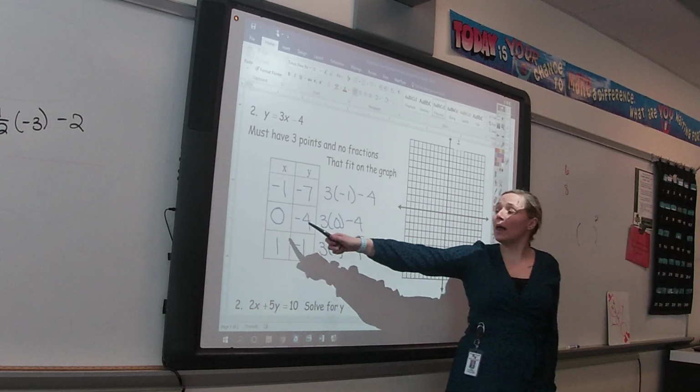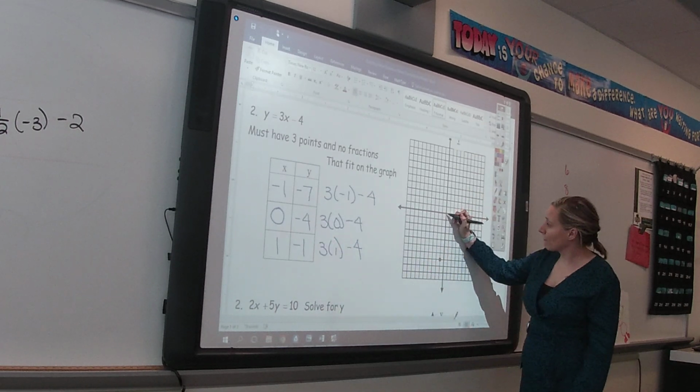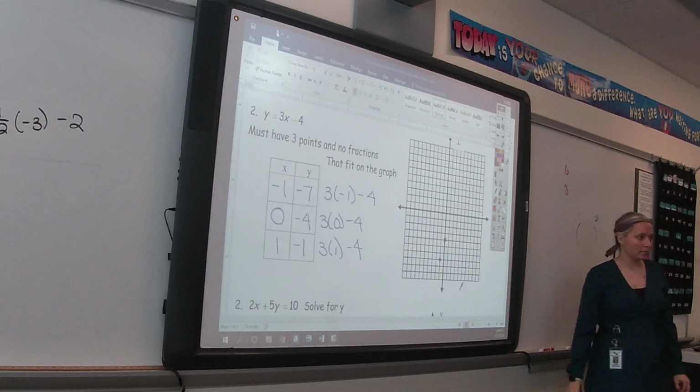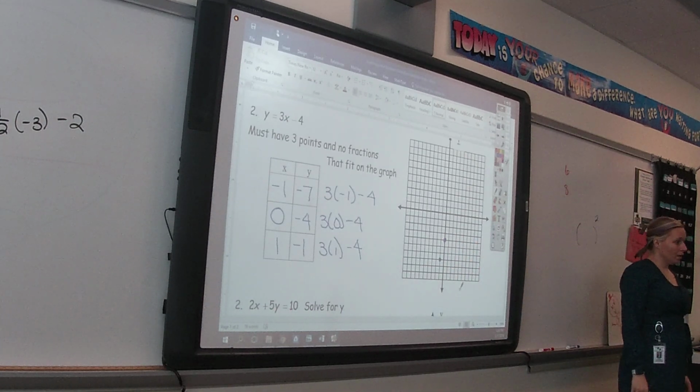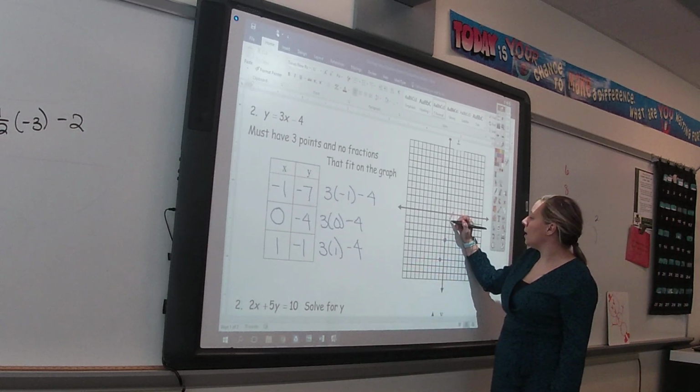We can plot the next ordered pair, 0, -4. And we can plot the next point, which is 1, -1.